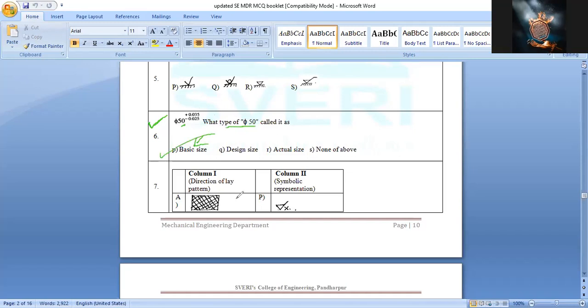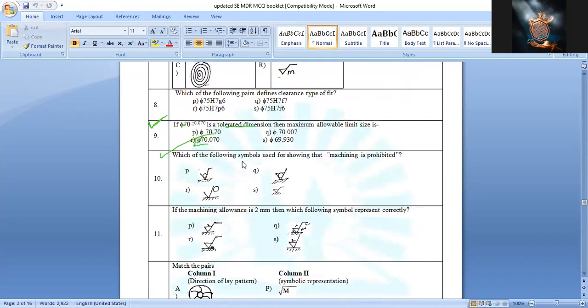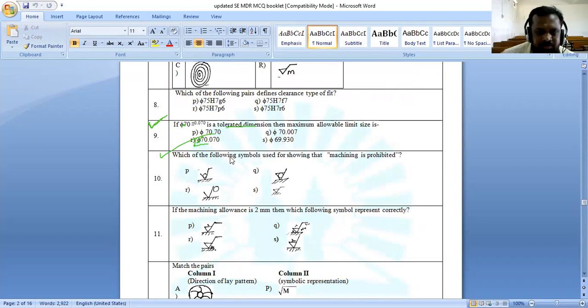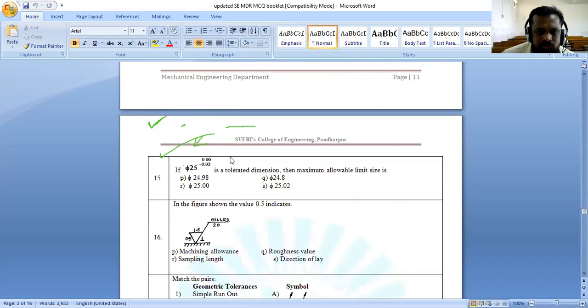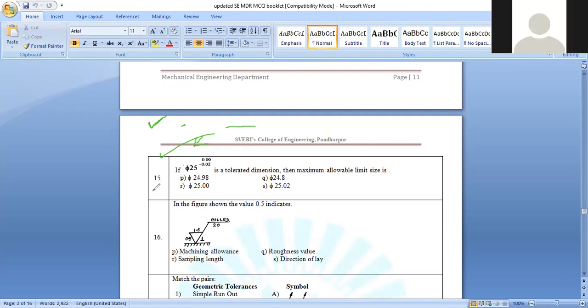Okay, let me take another example. Please take this one. Option R is correct, because they have asked for the maximum limit.